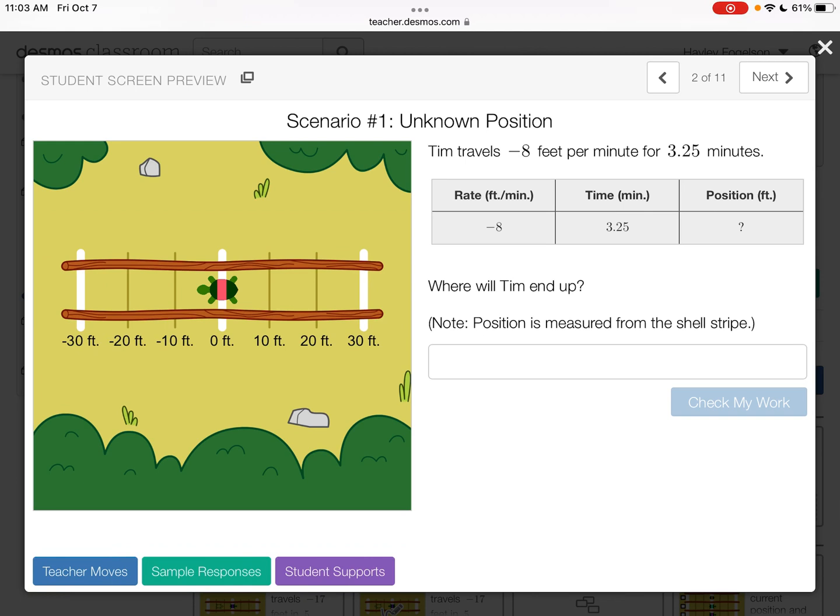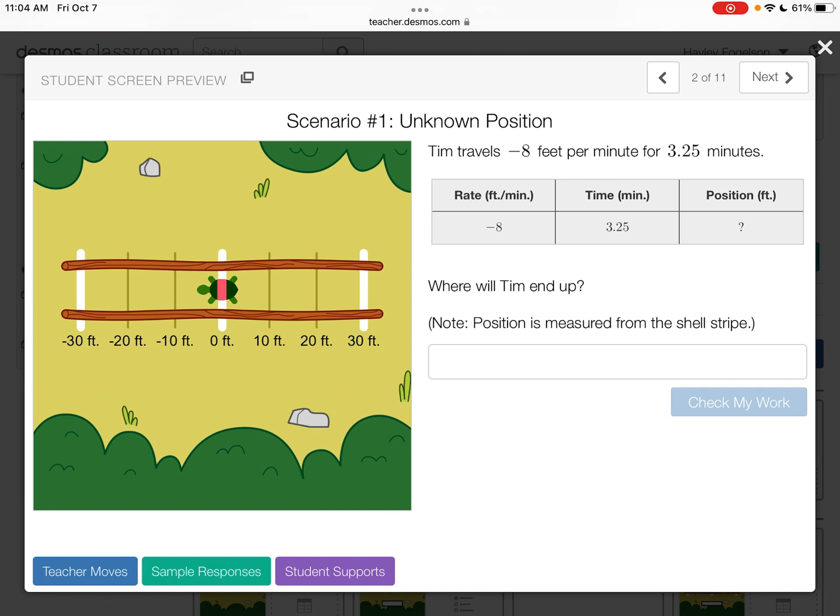Alright, so screen 2 is saying that Tim travels -8 feet per minute for 3.25 minutes. Where will Tim end up? So what we need to do is multiply 3.25 times -8.